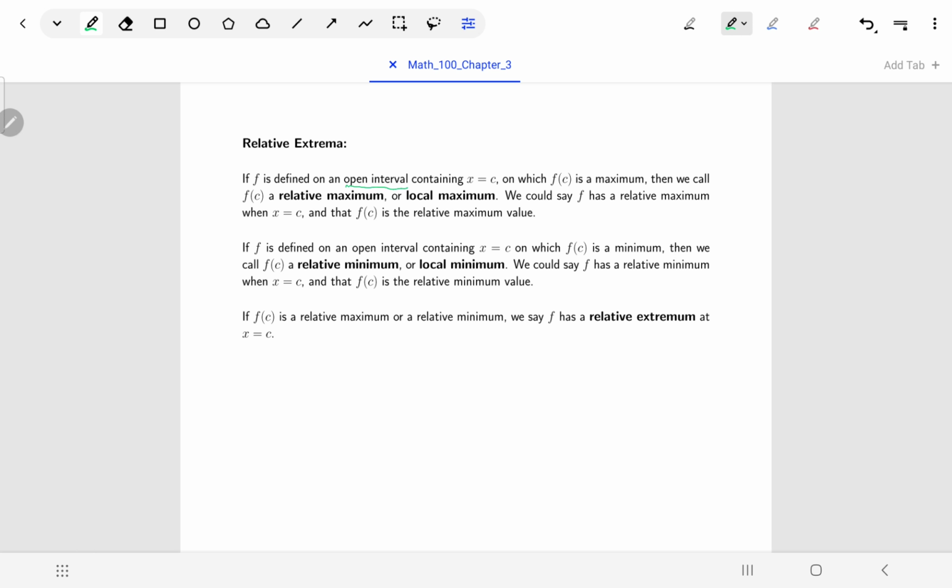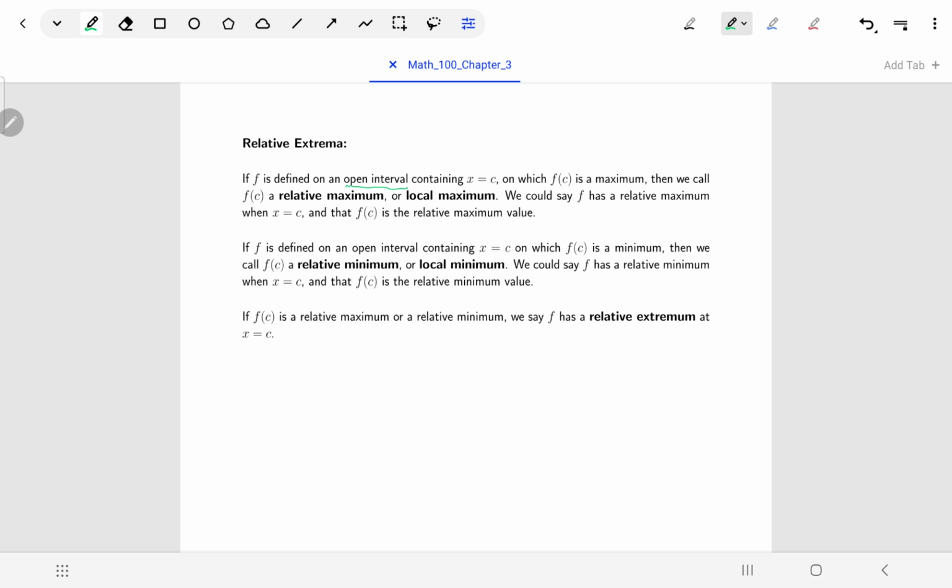If x equals c is inside that open interval, and f of c is bigger than all the y values in that interval, then you can say that f has a relative maximum when x is equal to c. And if the y value at c is smaller than all the y values in that interval, then f has a relative minimum.